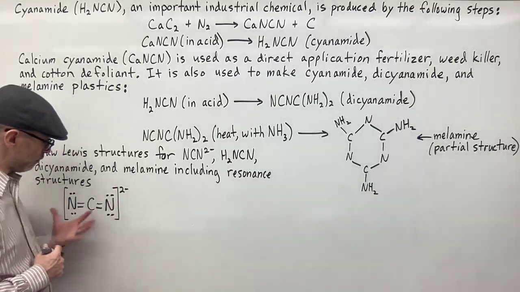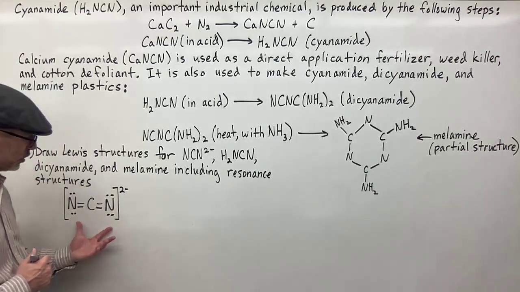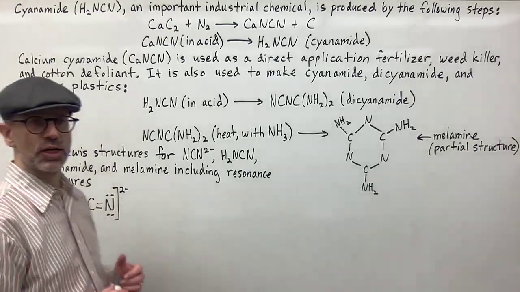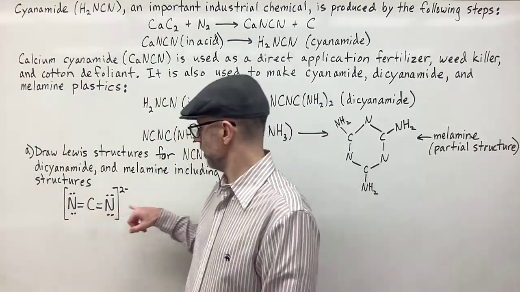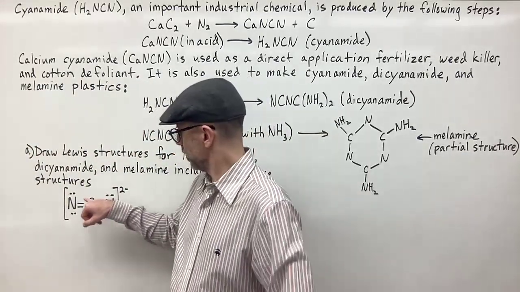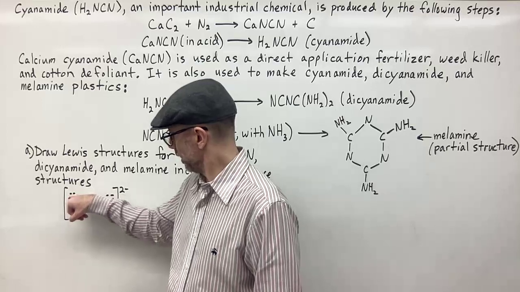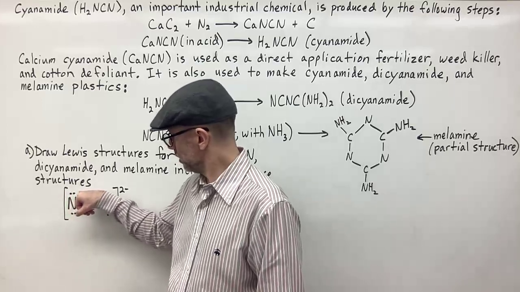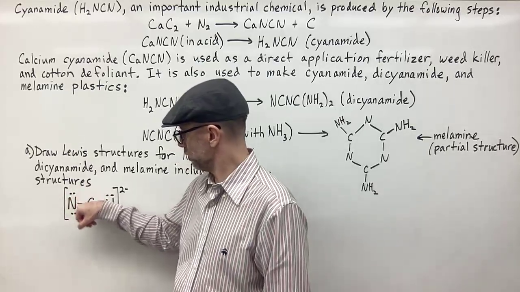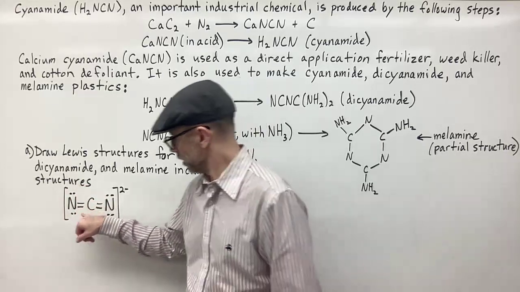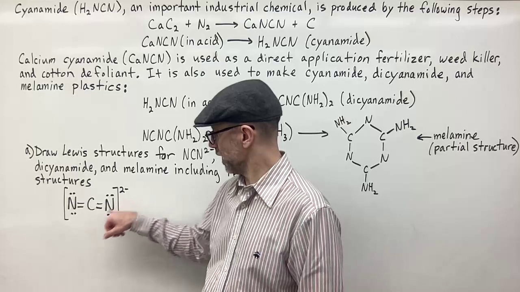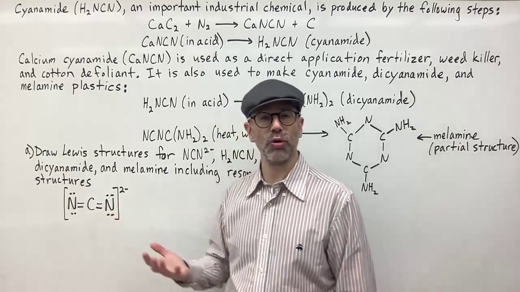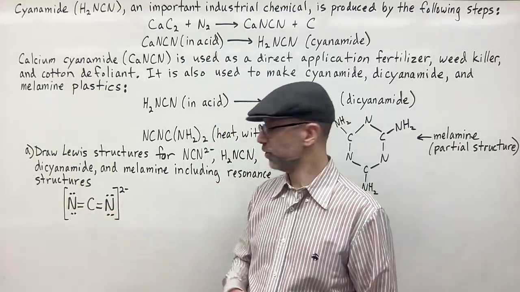Now I have one Lewis dot structure, but this can be a resonance structure because I can move electrons around. I can move a lone pair from this nitrogen to make a triple bond. That's going to push the electrons from one of these bonds onto the nitrogen because carbon can only have 4 bonds.